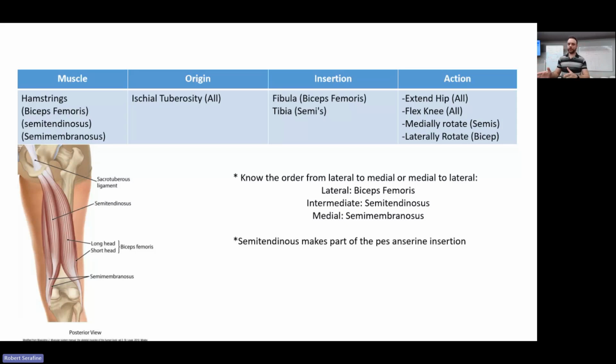Well, if you look at semimembranosus as a word, it has more M's, meaning more medial. That's just my personal take on that. And obviously they're involved with flexion of the knee, extension of the hip, and then they can do minor bits of rotation, medial versus lateral, which help to assist that screw home mechanism we were talking about.